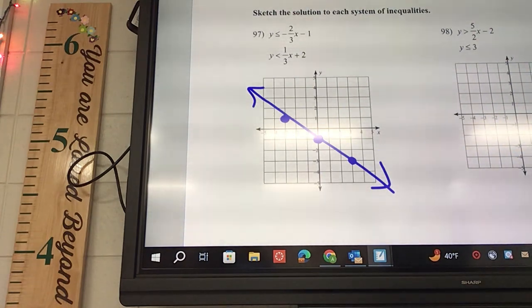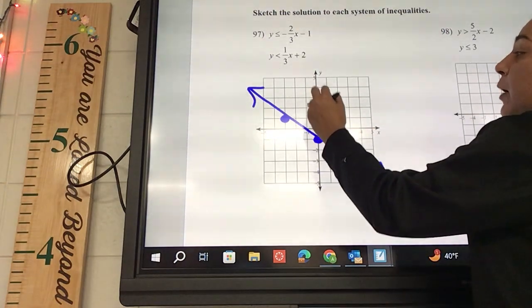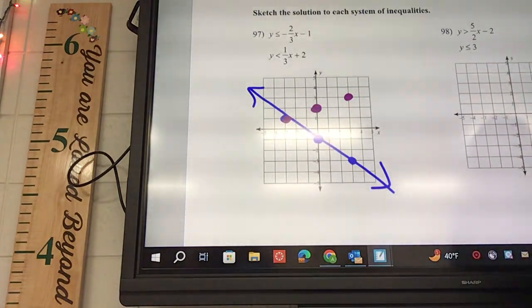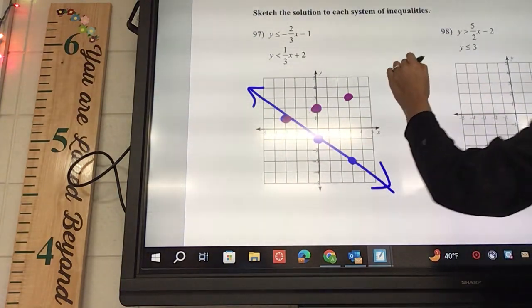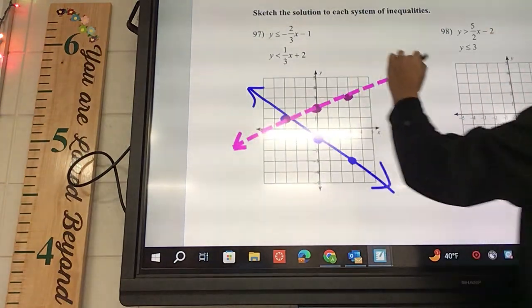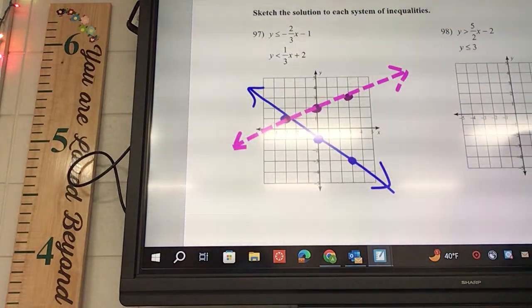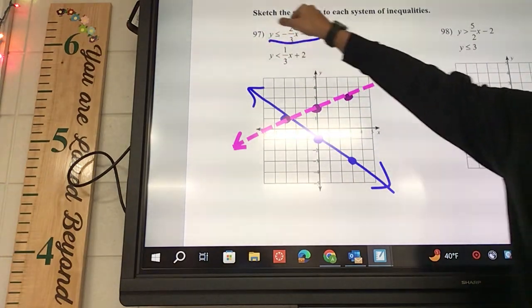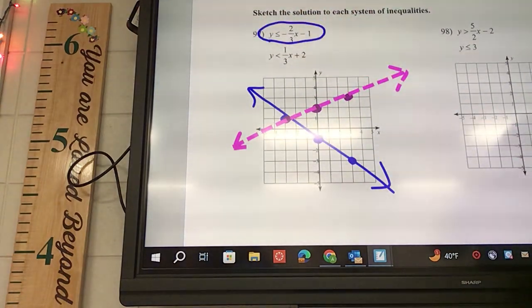So the line 2 starts out at 2, and we're going to go up 1 and over 3, or we can go down 1 and over 3. Okay, this one should be dotted, and I did these kind of backwards. Okay, this blue line, this first one. Are we going to shade above or below that line?